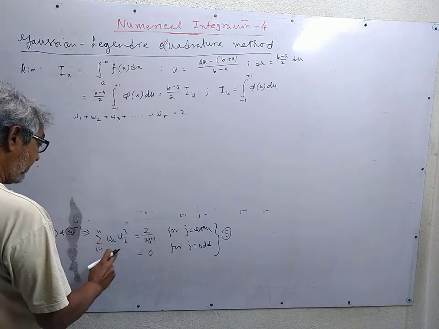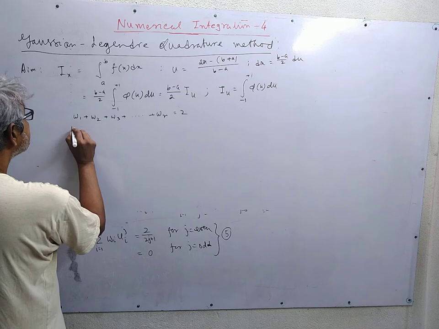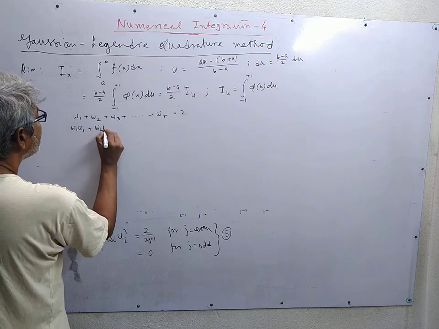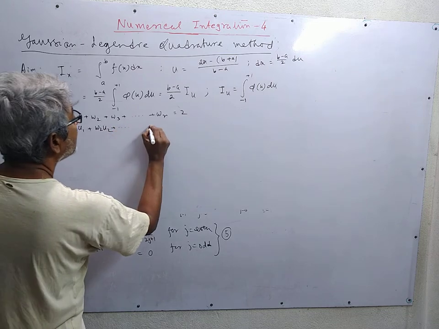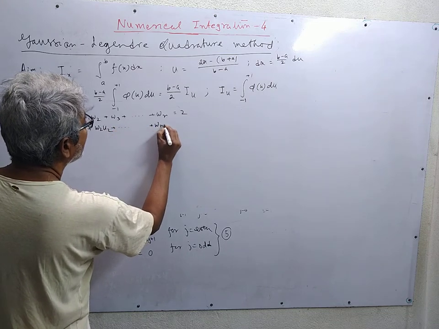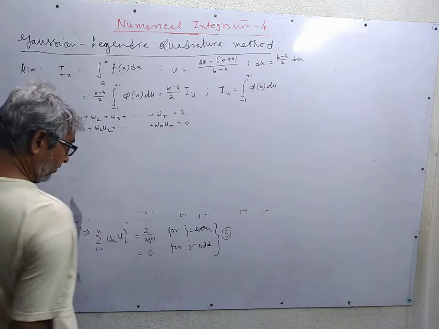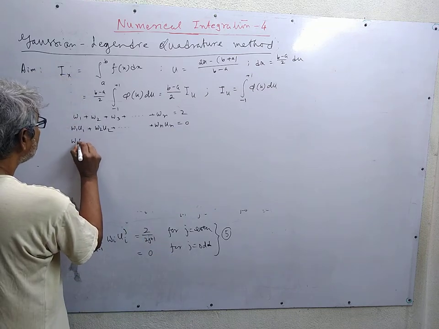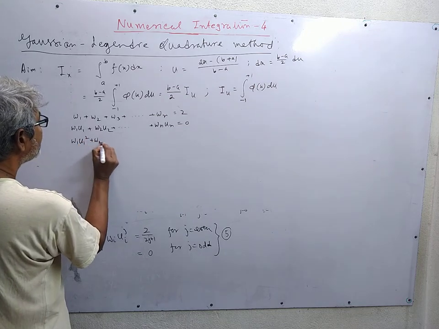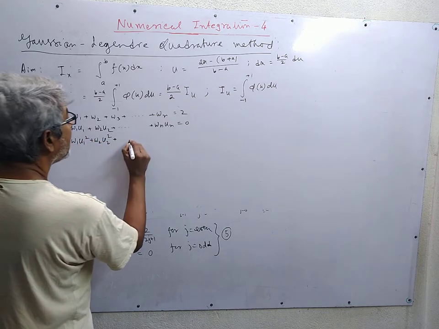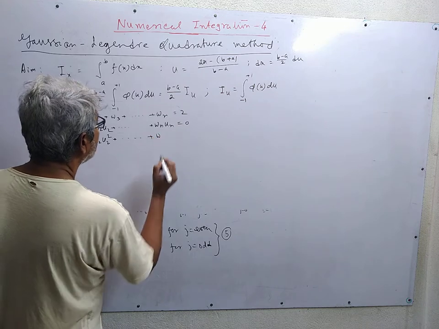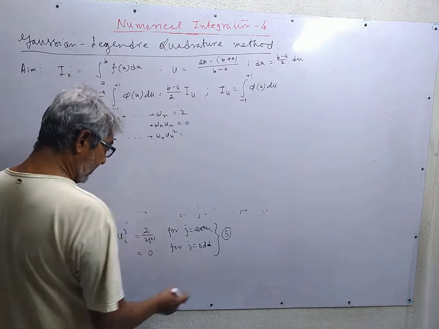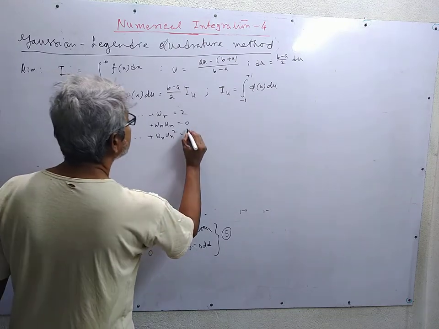Then we take j equal to 1. So it is w1 u1, w2 u2, up to wn un, equal to 0, because j is odd. Then w1 u1 square, w2 u2 square, up to wn un square. Now j is 2, so this is 2 by 3.